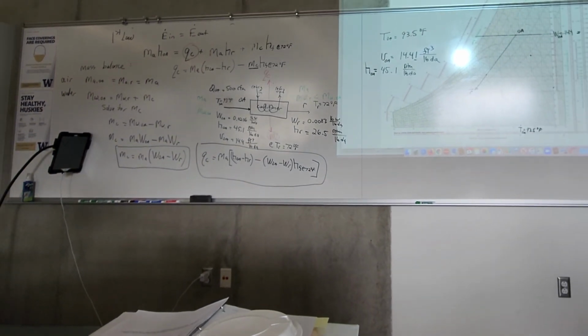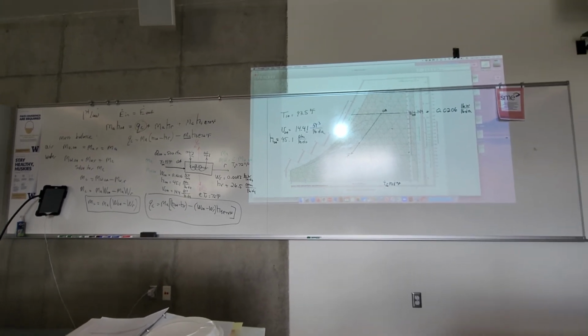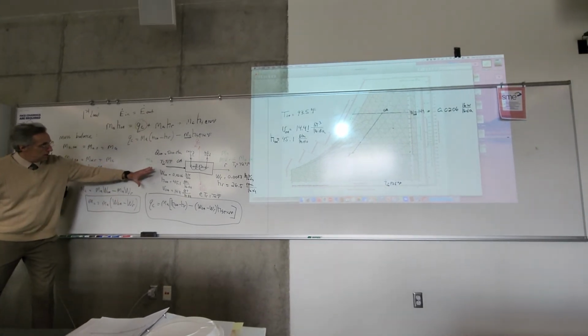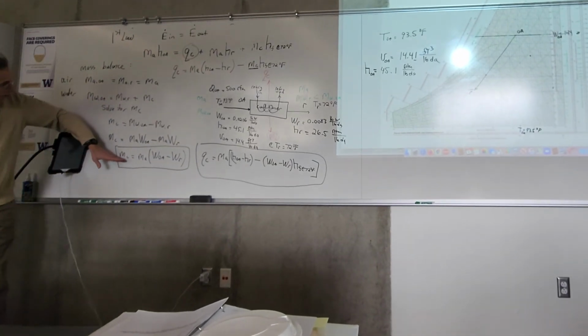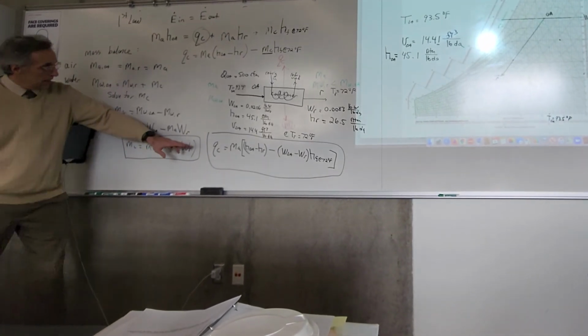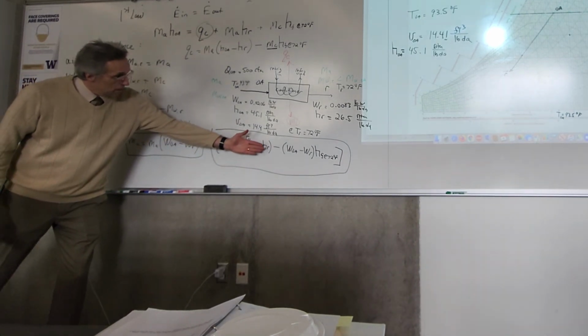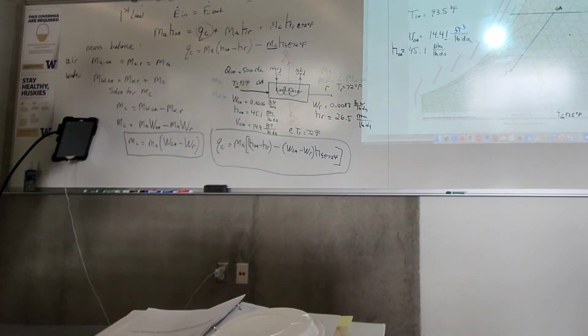You see how we do that? It's based off of our diagram here. The condensate flow rate and the heat removal, all in terms of properties that we've already found or that we can look up or calculate.